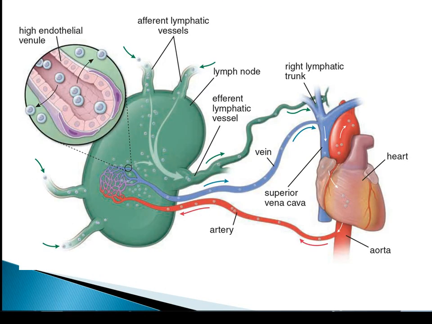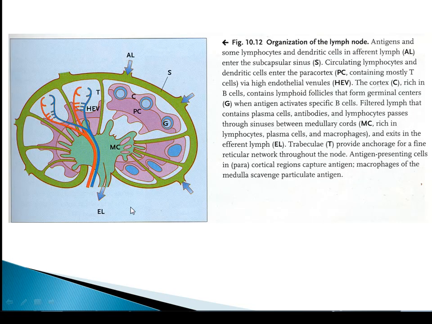Then lymph nodes: these are rounded structures with convex and concave sides. They have a hilum, and afferent lymphatics that carry lymph into this organ. Internally it has the subcapsular sinus, then cortical and medullary sinuses, then the efferent lymphatic, which carries lymph out of the organ.